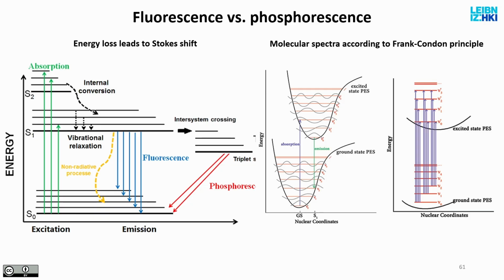This probability is quite high, so the transition back to the ground energy level is quite fast. When this happens, we will see the emission of this energy that is released when the molecule relaxes from its excited state back to its ground state in forms of, in many cases, a photon.